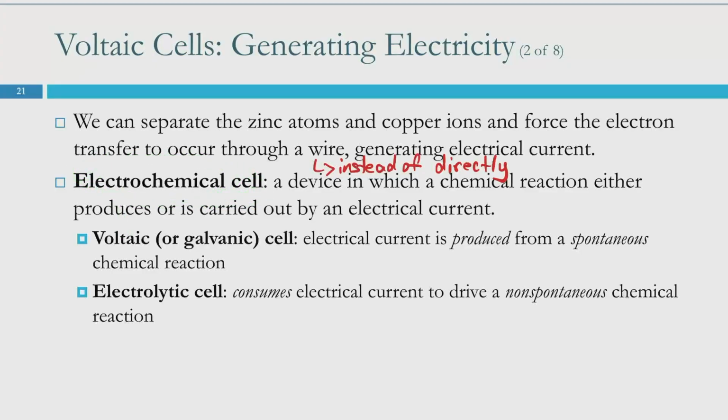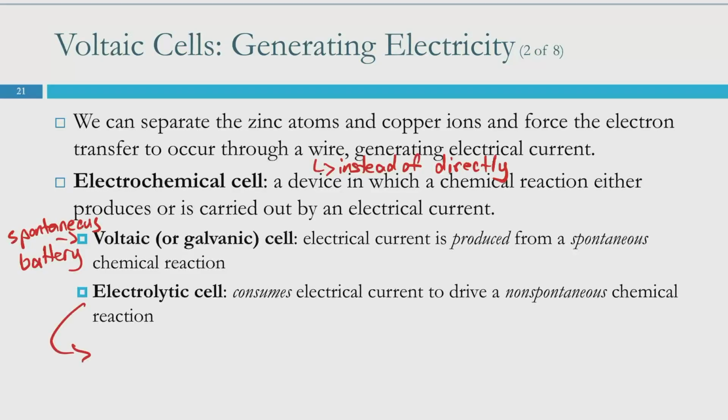And we have 2 types of electrochemical cells. We've got our spontaneous voltaic cells. Think a battery. Also called a galvanic cell. And these produce electrical current, so that's why it's a battery. And it's a spontaneous chemical reaction.